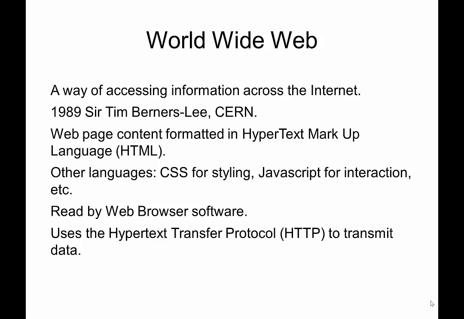So it's a set of programs and formats that you store, that run on the internet, that allow people to access different types of information. There are all sorts of other things running on the internet besides the World Wide Web: the dark web, for example, and things like file transfer protocols.